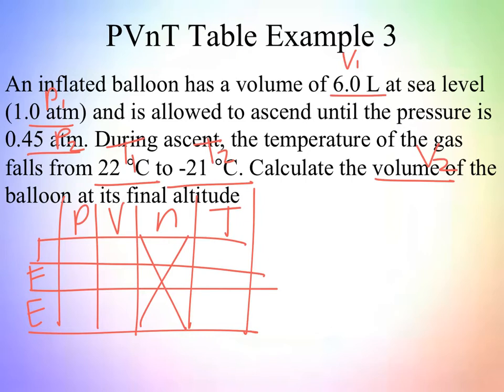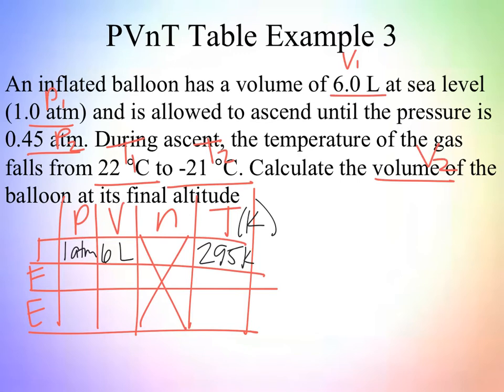So V1, my initial volume is 6 liters, my initial pressure is 1 atm, and my initial temperature is 22 degrees Celsius. But remember, in order to put it in, we need Kelvin. So remember, K equals C plus 273, and our initial temperature is 295 Kelvin.